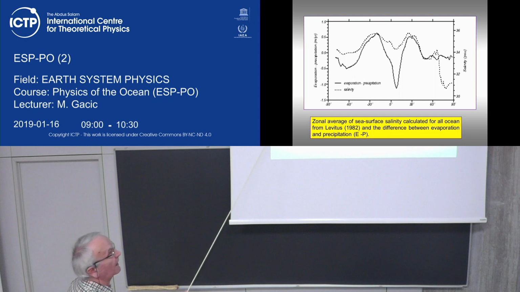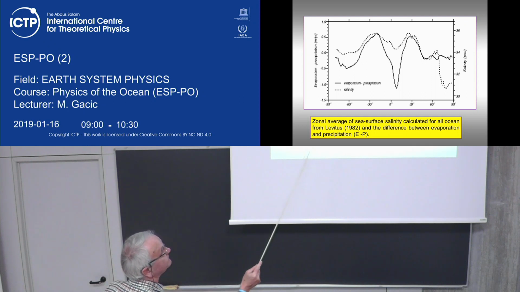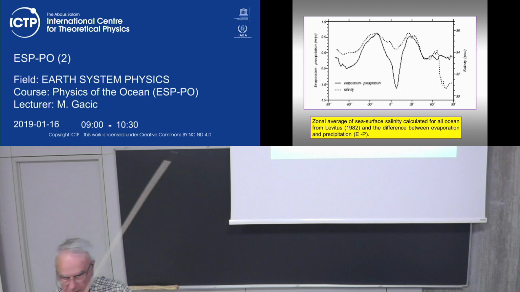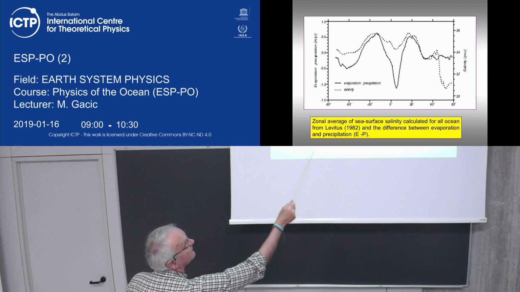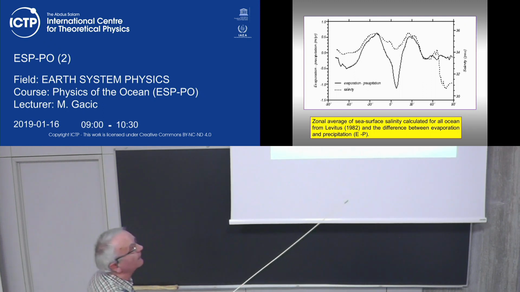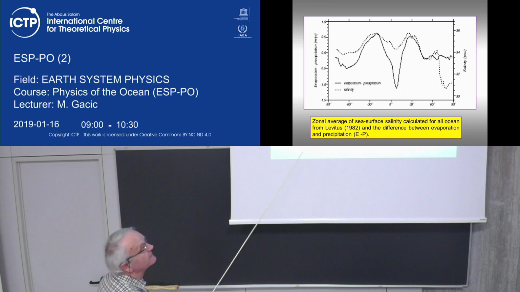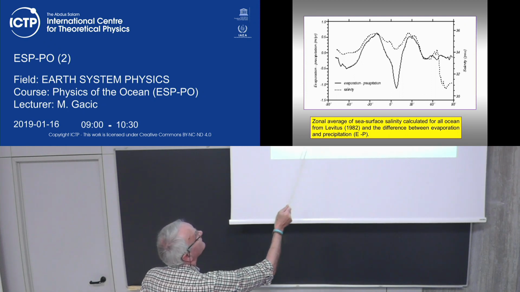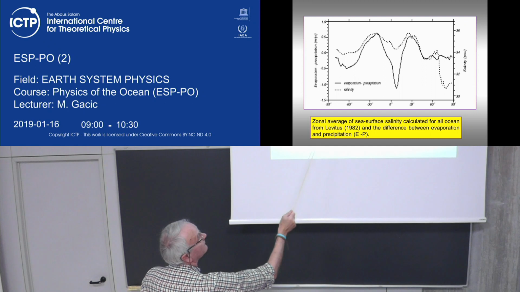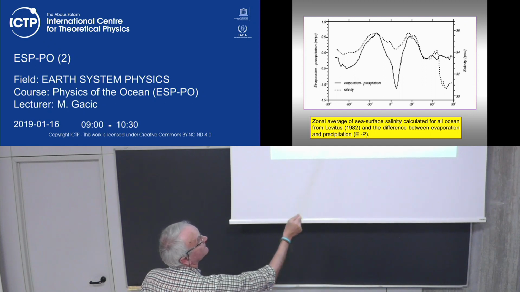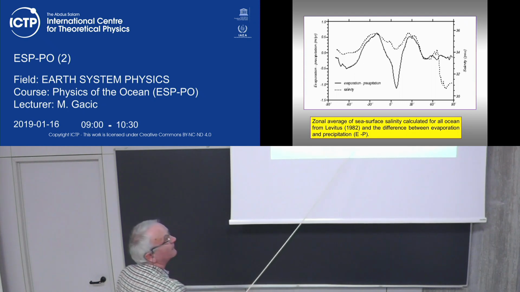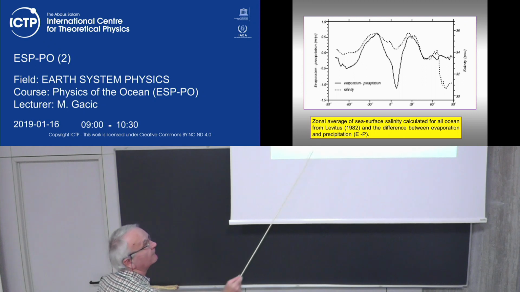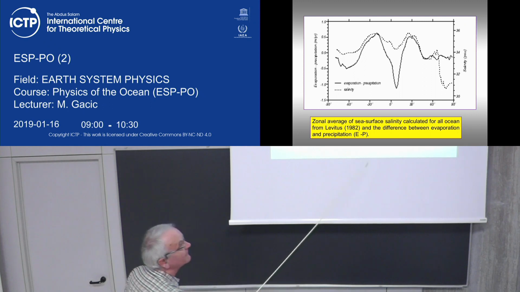Here, in this graph, what is shown is again the zonal average all over the ocean of the salinity, this dashed line, and you can see that there are two peaks of salinity around the subtropical areas, and you have a minimum around the equator, and another minimum here at mid latitudes.